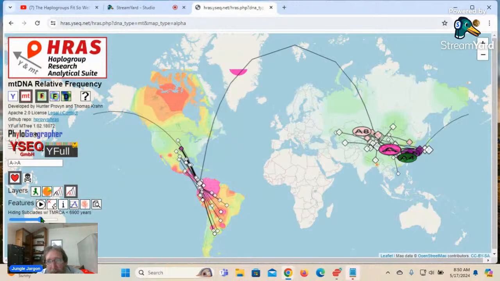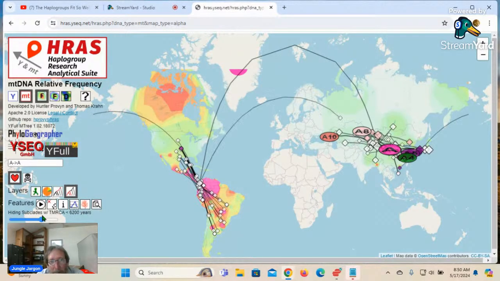It doesn't look like there's any trail going through the Bering Strait. It just all of a sudden appears in Central America just like the other one fell from the sky. So it's really not very convincing that these haplogroups, this is the maternal haplogroup, would just fall from the sky that accompanies the Medes.